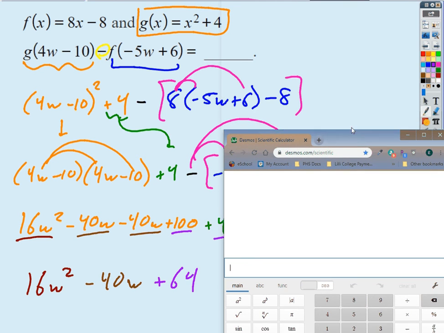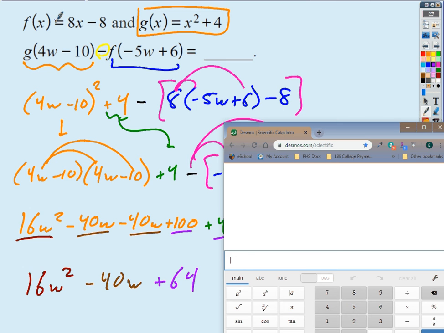okay, so let's do a couple things. Let's define f of x. This is probably overkill, but we'll do this. If f of x is equal to 8x minus 8, and g of x is defined as x squared, whoops, forgot my equals, x squared plus 4.